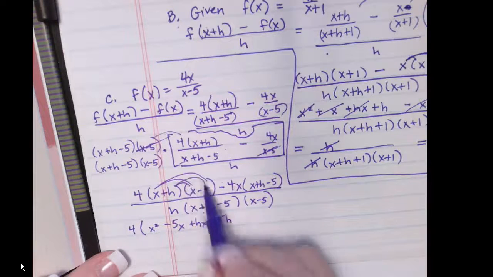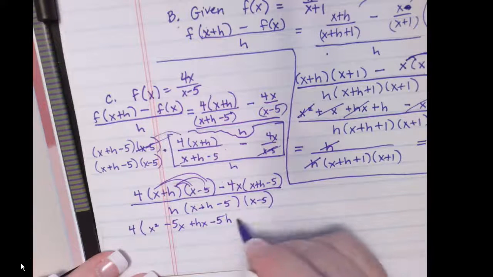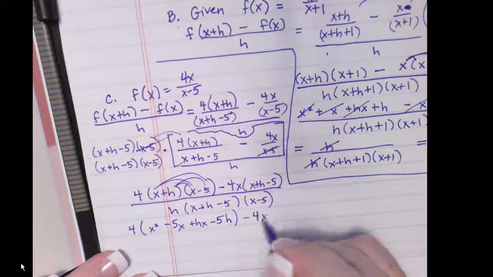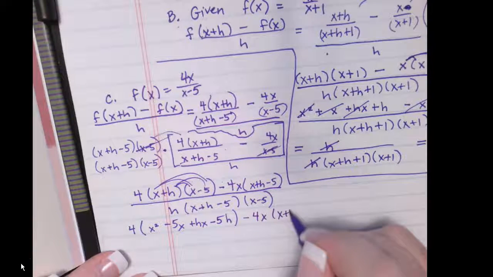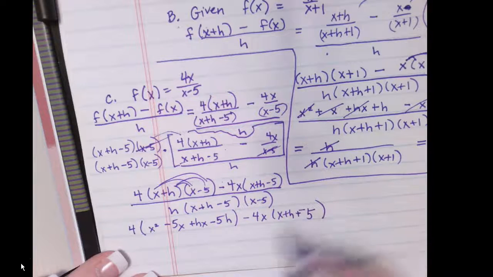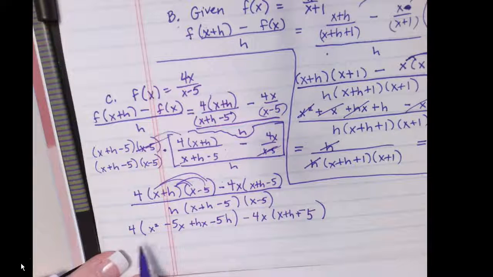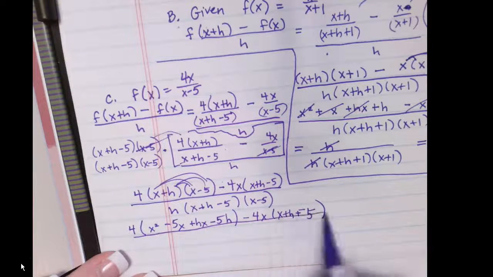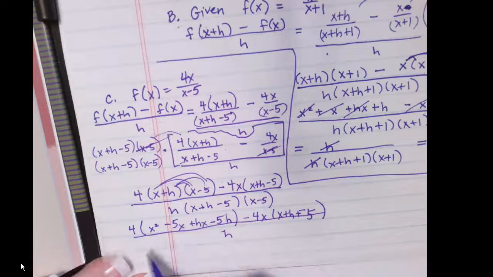So I did 4 multiplication problems, and then minus 4x times x plus h minus 5, all that over h.